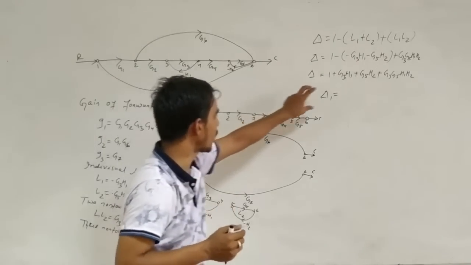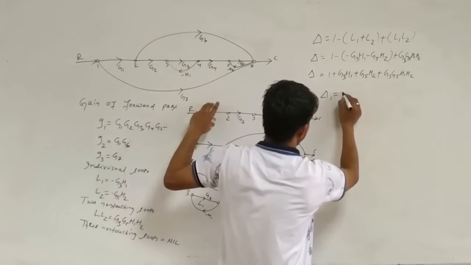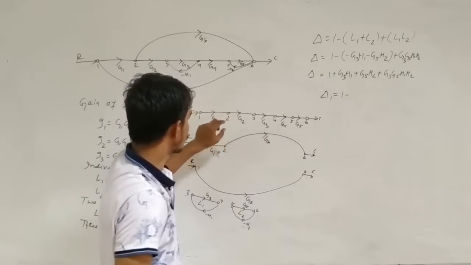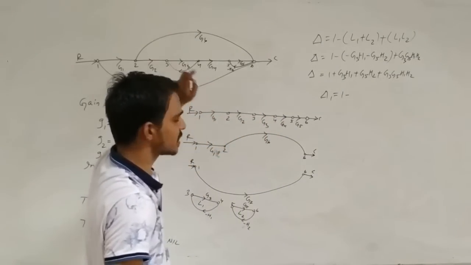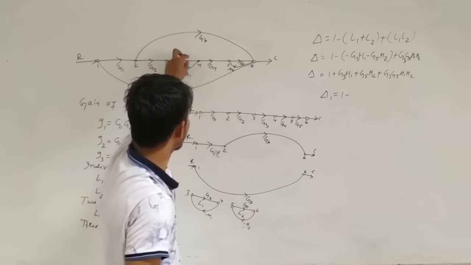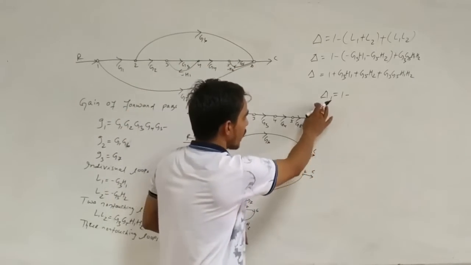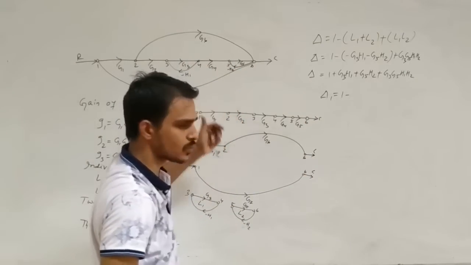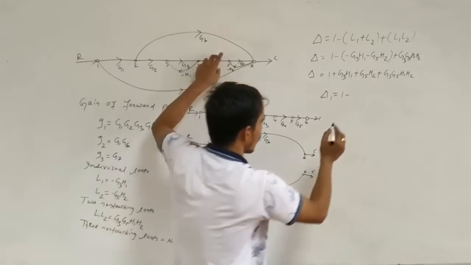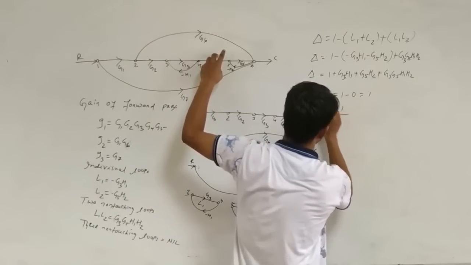So for delta 1, there is no loop which is not touching this forward path. See, for this forward path, these two loops are touching. So 1 minus 0, that is 1. So delta 1 equals 1.